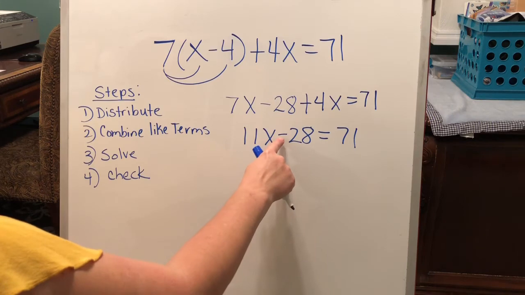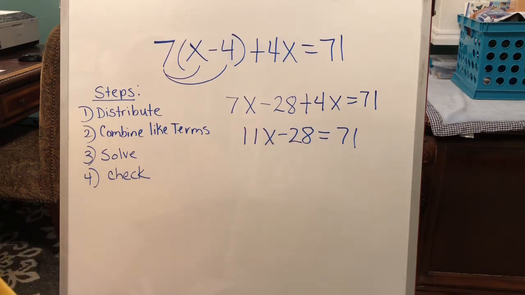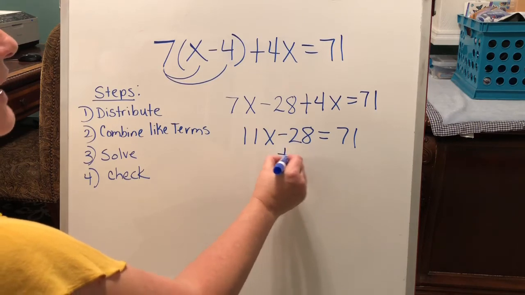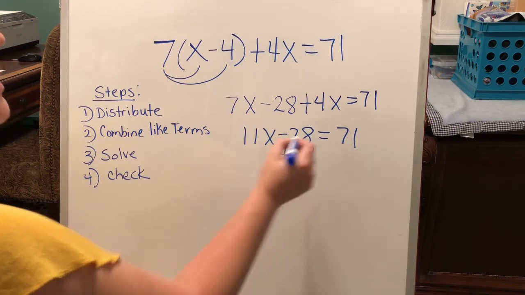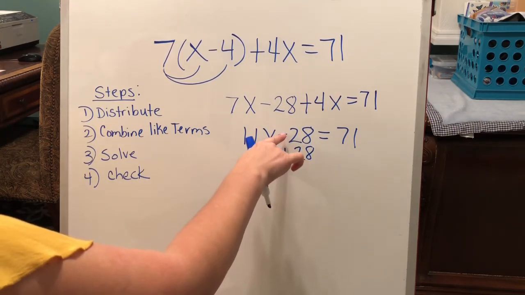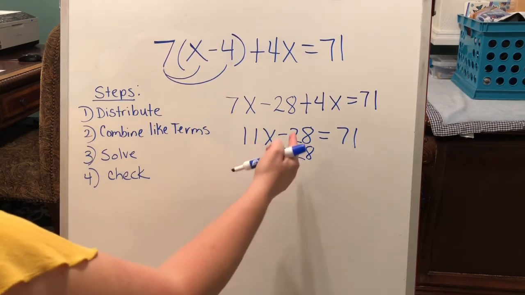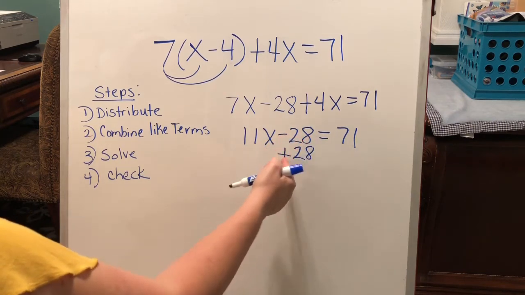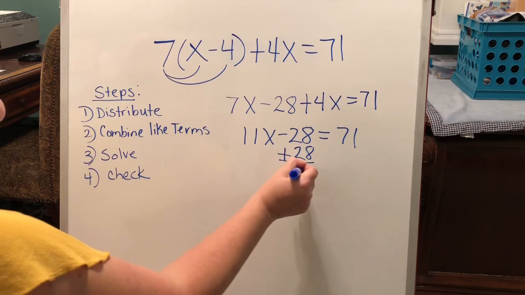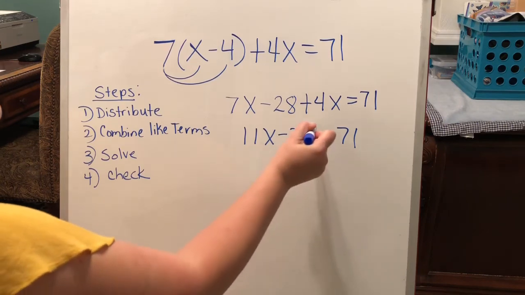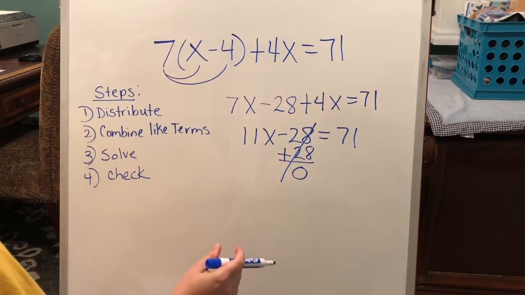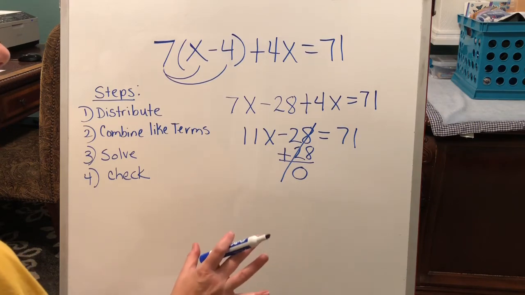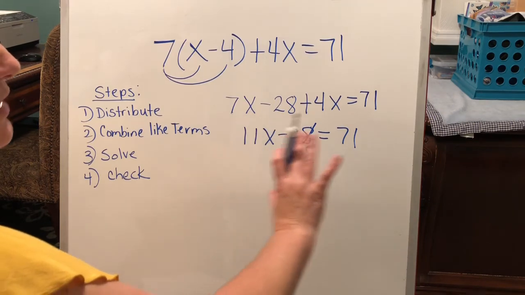And we can go ahead and get rid of our -28. In order to get rid of a -28, we need to add 28. The reason we do that, we use the opposite symbol, is because a -28 and a +28 makes 0. That way we can cancel it out. Now remember, we can't just take something and add it and do nothing to this side.